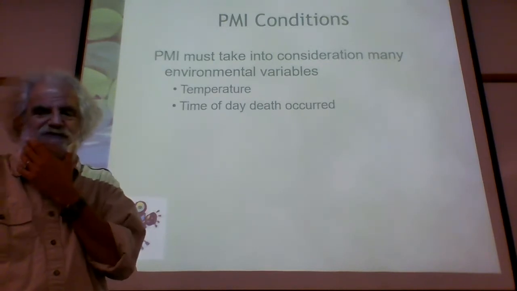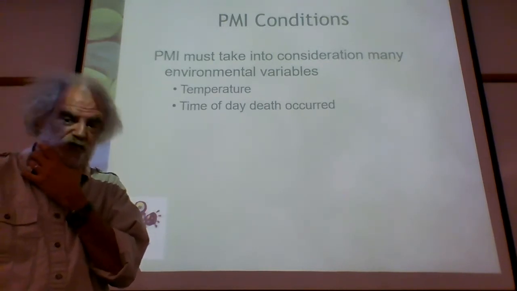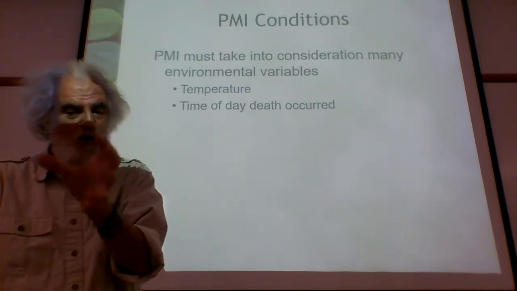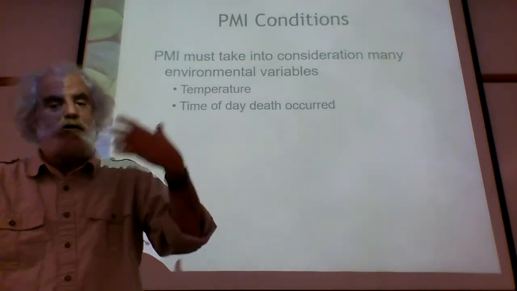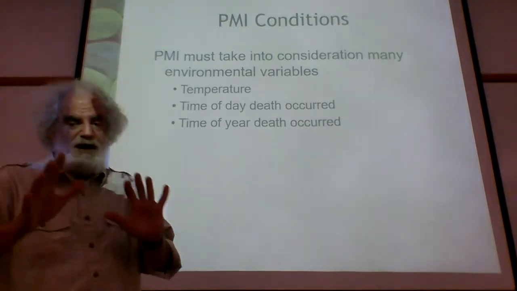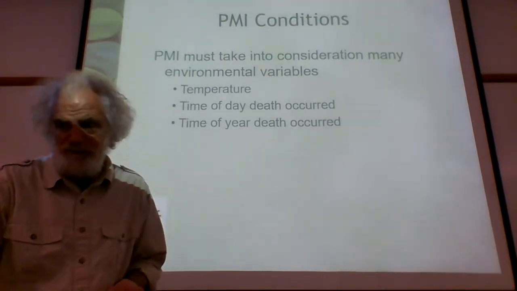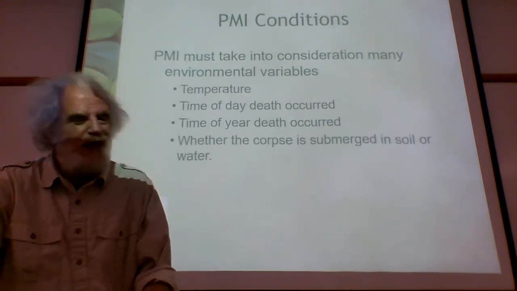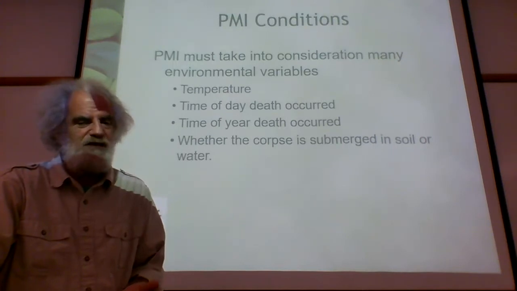So, the time of day the death occurred is a critical point. Did it occur where you get a blast of sunlight and warm weather for a few hours, or did it occur at night? The time of year is critical because that's going to have an effect on the overall temperature. If the corpse is in water, probably not going to have a lot of insect activity.